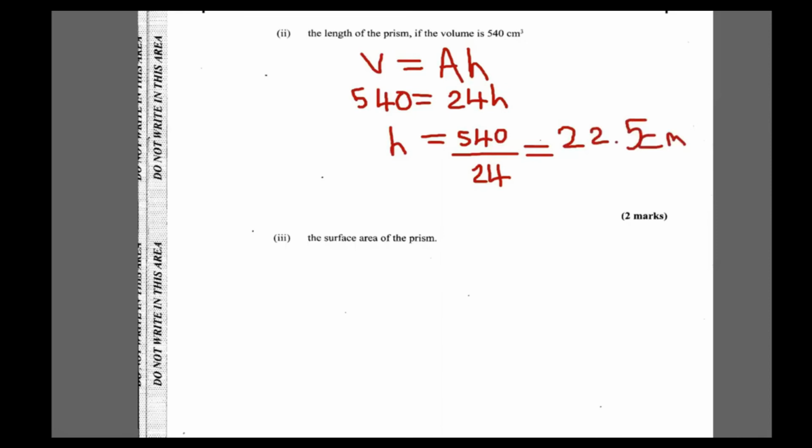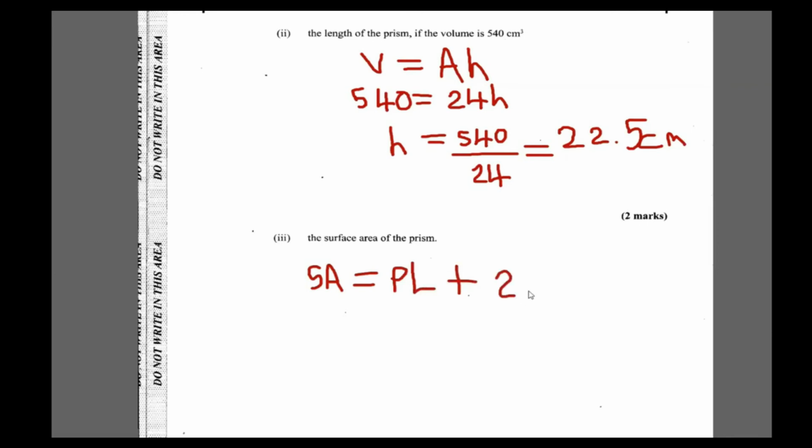Now it's asking for the surface area of the prism. This is the formula to find surface area: surface area of a prism is equal to perimeter times length plus 2 times the end area.